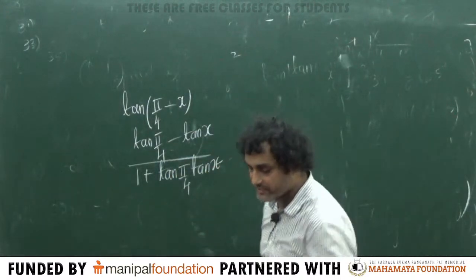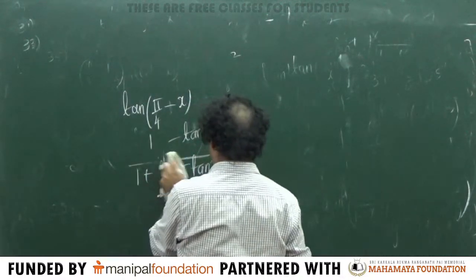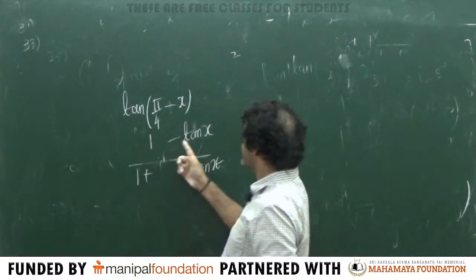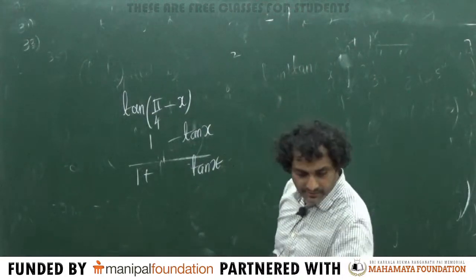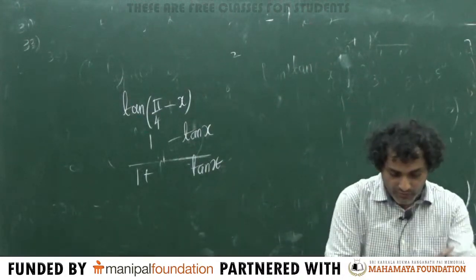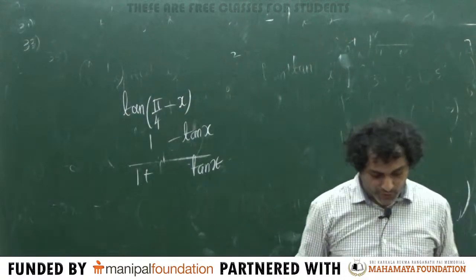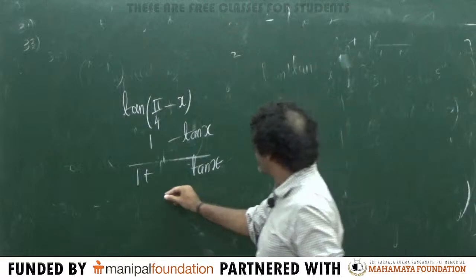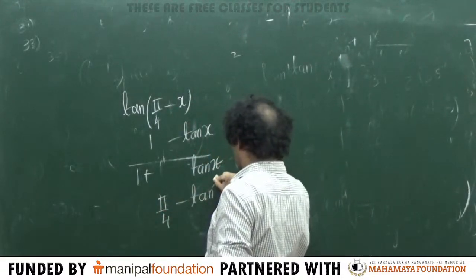But what is tan pi by 4 anyway? Isn't it 1? So isn't it (tan 1 minus tan x) by (1 plus tan x)? Correct, right? So simply it is pi by 4 minus tan inverse x.